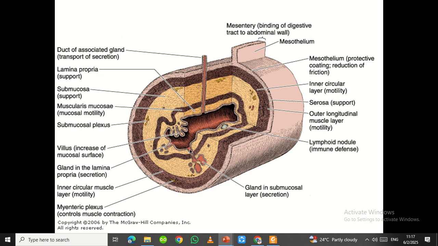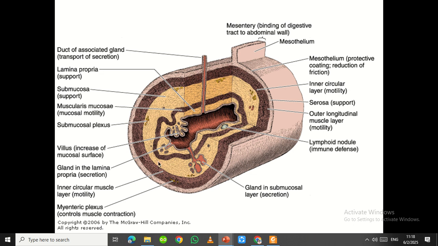You can actually appreciate that this is your mucosa, and it is going to have epithelia, and then lamina propria, loose connective tissue, and then a smooth muscle called the muscularis mucosa. This is responsible for mucosal motility, right? And then you're going to have this layer of dense irregular connective tissue.